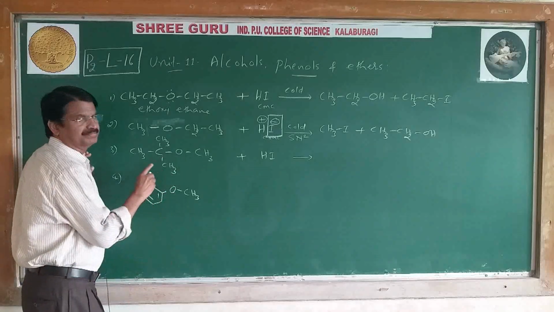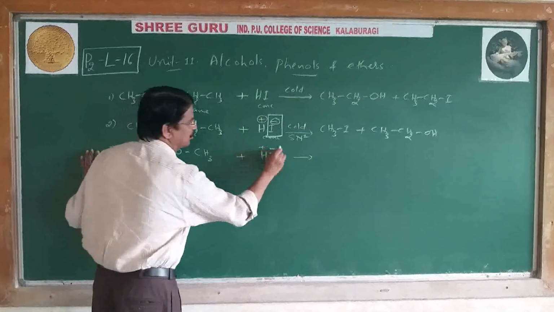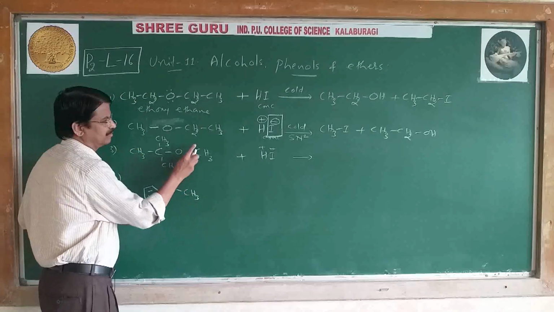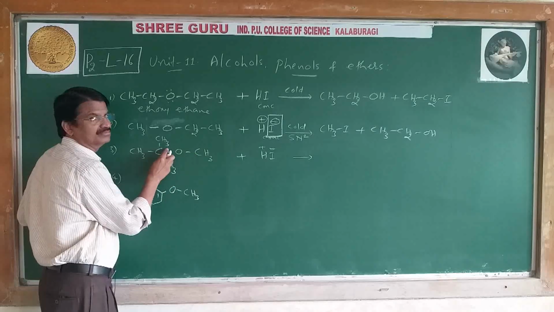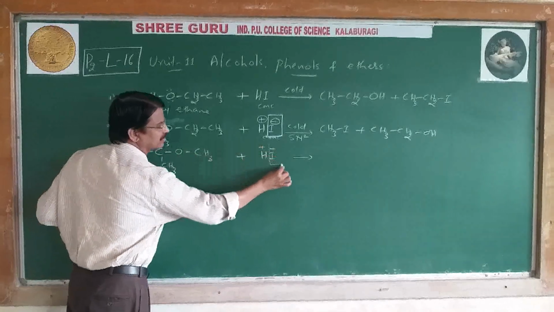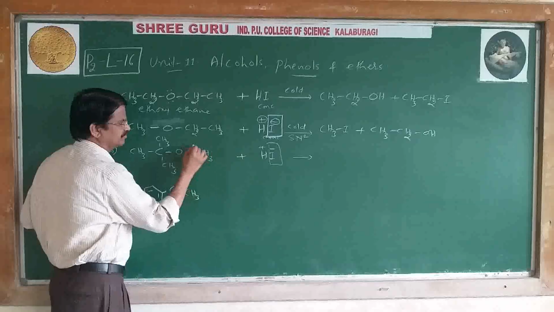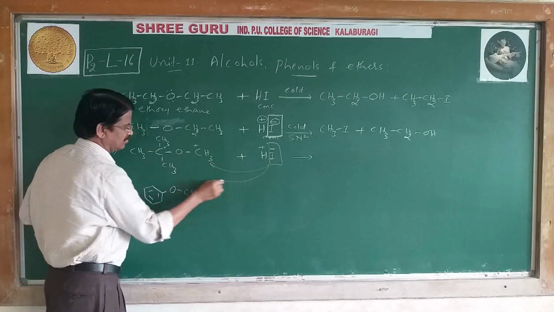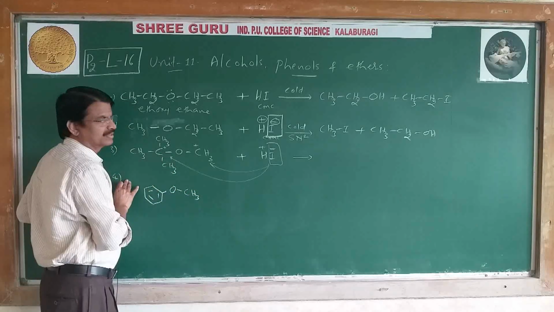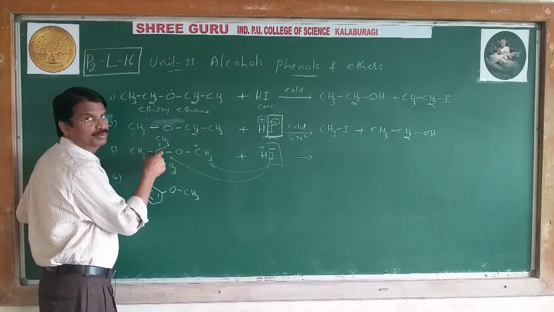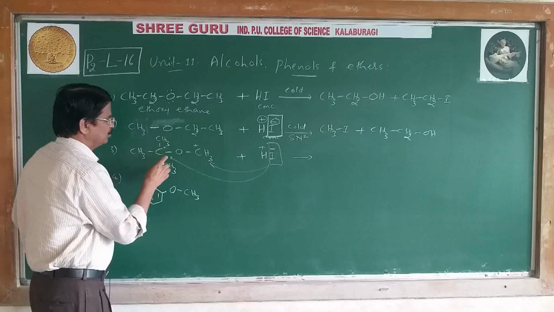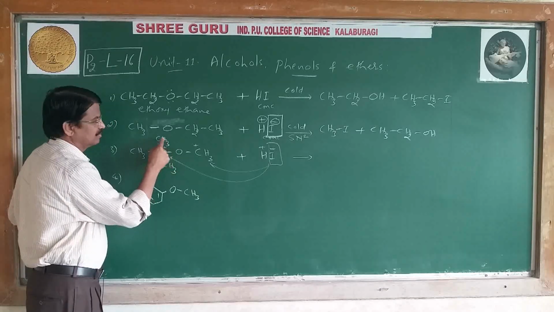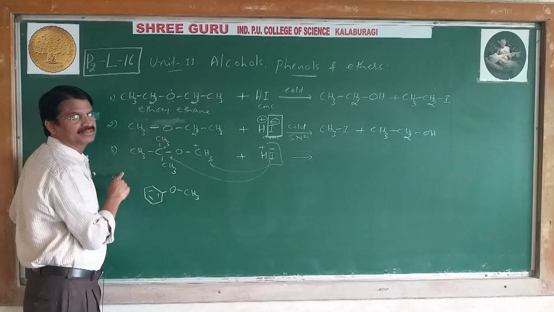Next, same type, HI. Now see here again, H positive, I negative, and here positive, negative. But important, where can I minus attack? The answer is the tertiary butyl group, because when the bond shifts this side, a tertiary carbocation is formed.